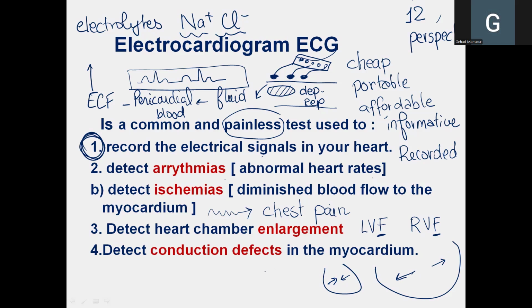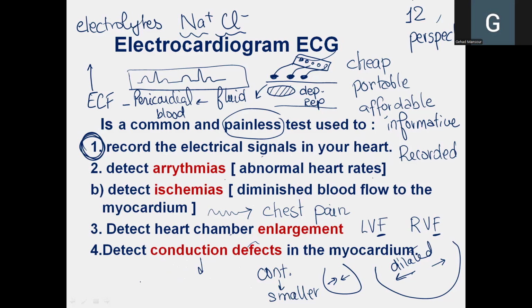So when the heart contracts adequately, it is smaller than when it is relaxed or dilated, and if it is failing, the dilatation is more and more, as we might see later over the slides. The last item that can be detected by the electrocardiogram is conduction defects.